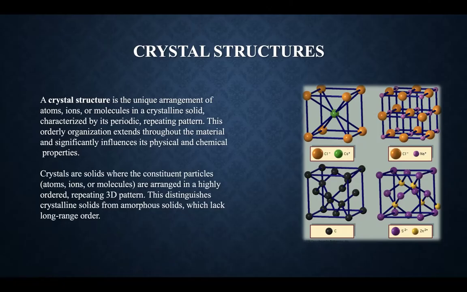Crystals are solids where the constituent particles like atoms, ions, or molecules are arranged in a highly ordered, repeating 3D pattern. This distinguishes crystalline solids from amorphous solids, which lack long range order.